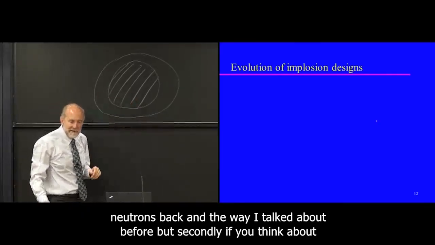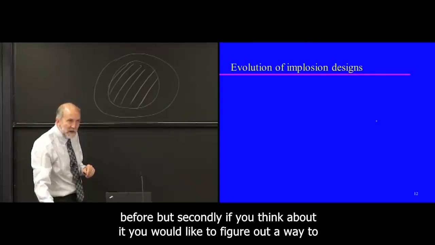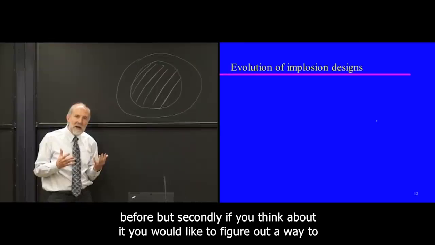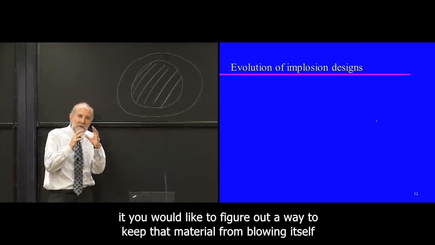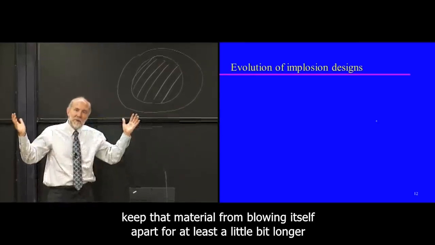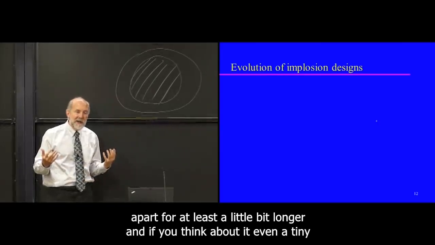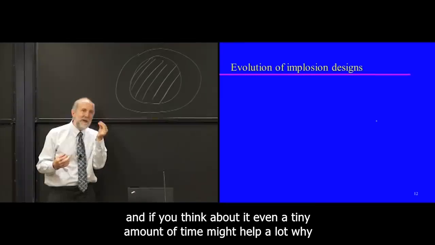But secondly, if you think about it, you would like to figure out a way to keep that material from blowing itself apart for at least a little bit longer. And even a tiny amount of time might help a lot. Why?